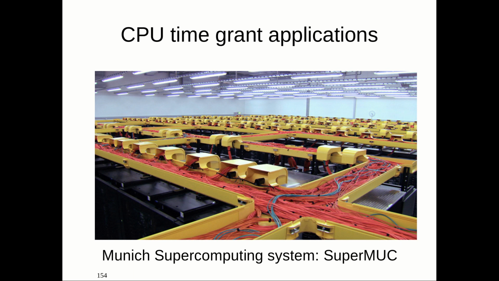And I'm talking about this a little bit from the perspective of a steering committee member of the Munich supercomputer, where basically my main job is to coordinate the review of CPU time applications.